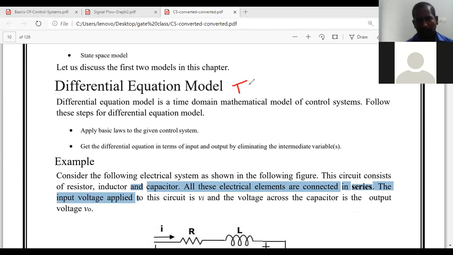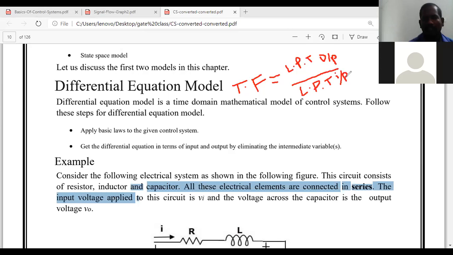Transfer function is equal to the Laplace transform of output divided by the Laplace transform of input with zero initial condition.